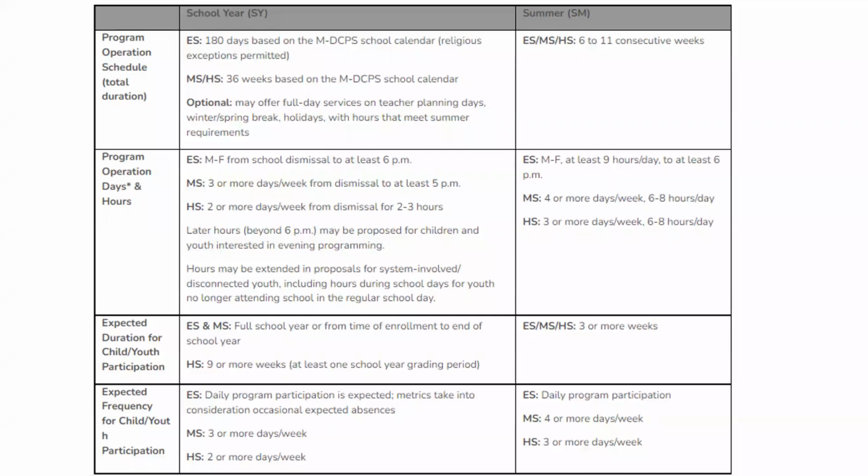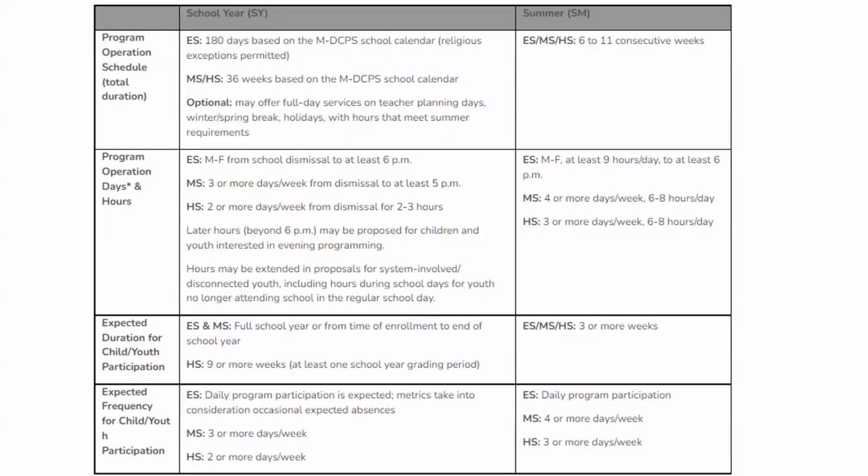So as you can see, you have school year and summer. And then when you double click into each row, you have the expectations set by age group with special notes in there. So the first 2 rows show the expectations at the site level for duration and frequency. So that's at the program site level. And then the bottom 2 rows show the expectations for the participant.